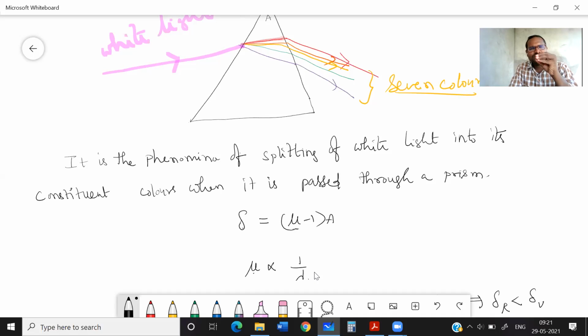We know deviation produced when light passes through a prism is delta equal to mu minus 1 into A. So deviation depends upon the refractive index of the material and of the color of light. More is the refractive index, more will be the deviation. Violet color has more refractive index, whereas red color has less. Depending upon the wavelength of different colors, refractive index is different, so deviation produced in them is also different. Due to this reason, lights deviate at different angles, so colors split.